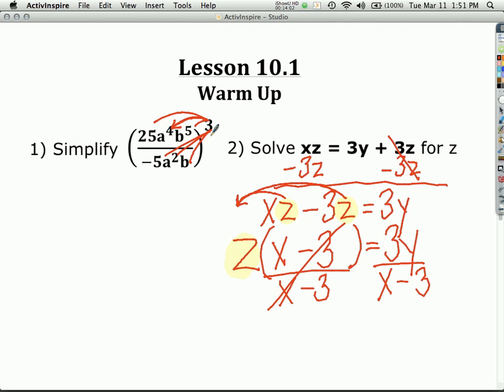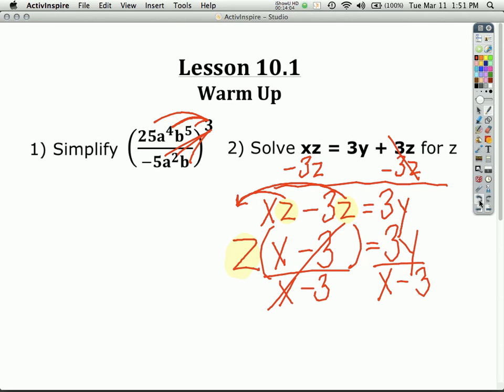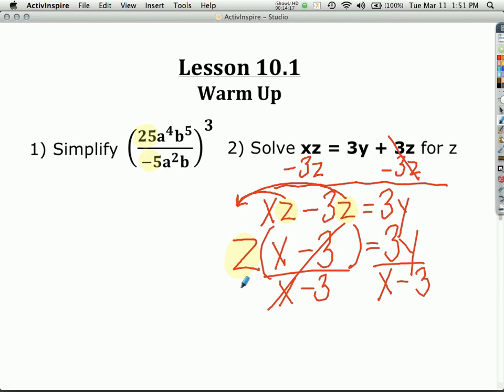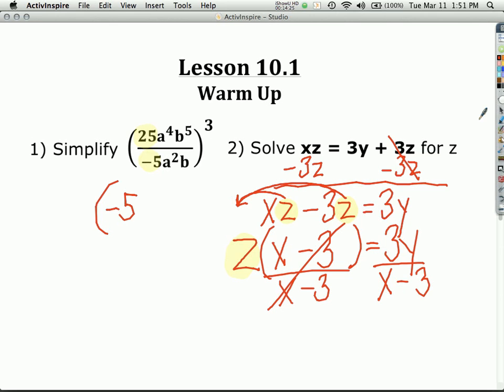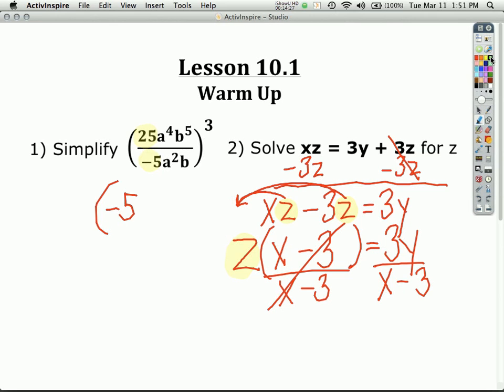However, I would not have taken that approach if you were thinking at a very high level. Then you would look inside the parentheses. As Sebastian just pointed out, the 25 and the negative 5. 25 divided by negative 5 is negative 5. What about a to the 4th divided by a to the 2nd?